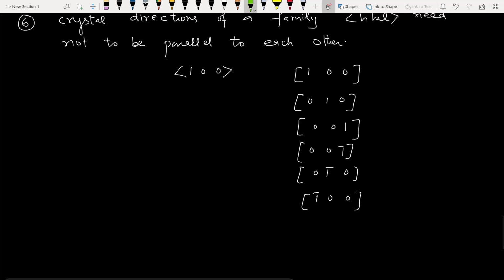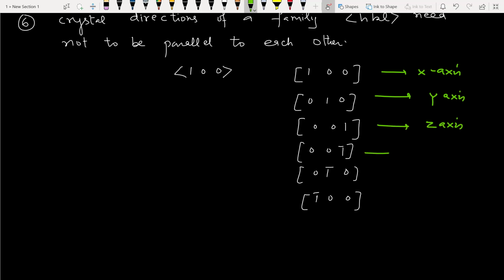These are not parallel. One is along the x-axis, along the y-axis, along the z-axis, along the negative z-axis, along the negative y-axis, along the negative x-axis. So all directions are not the same.